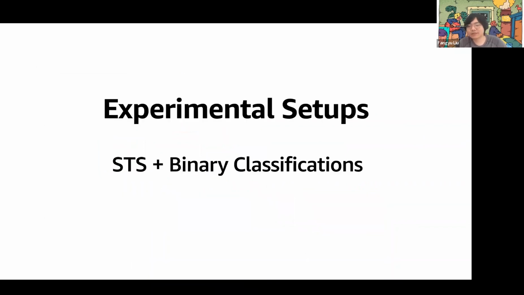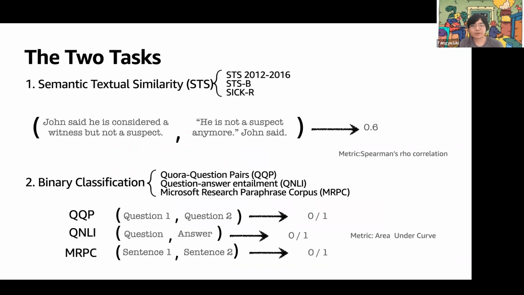Let's just go straight ahead to look at our experimental results. It's really, really good, I must admit. Before that, let me talk about the tasks we look at. The first is semantic textual similarity, which is the sentence similarity I mentioned before. Given two sentences, the model needs to judge their similarity.